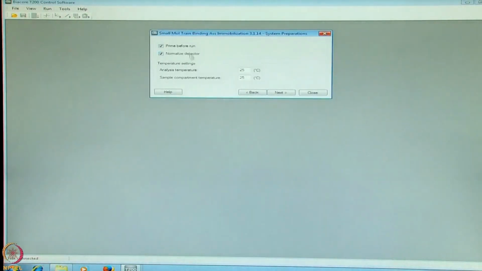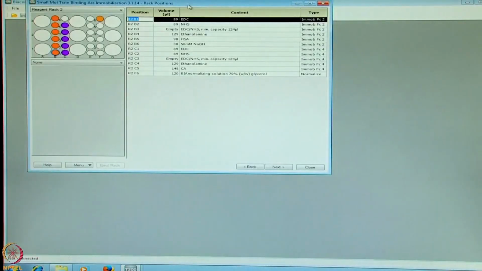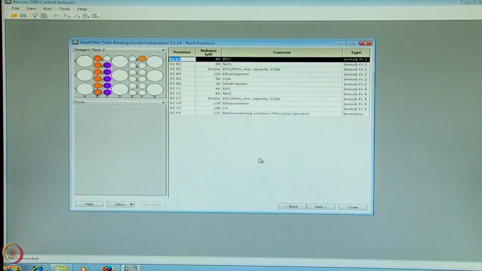We will highlight the prime before run and normalize detector, and temperature will be at 25 degrees centigrade, and we go to the next tab and we have the rack positions with the required amount of reagents shown here.